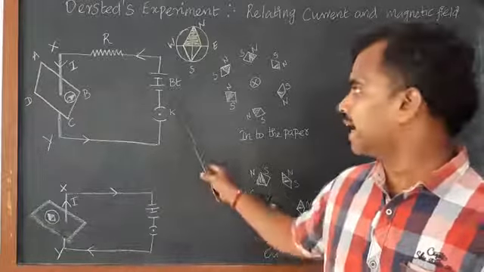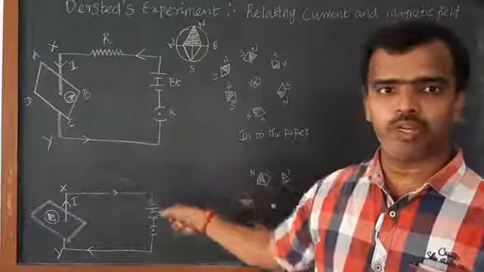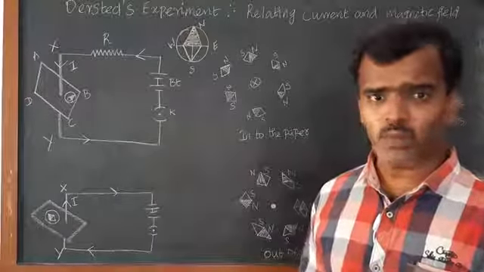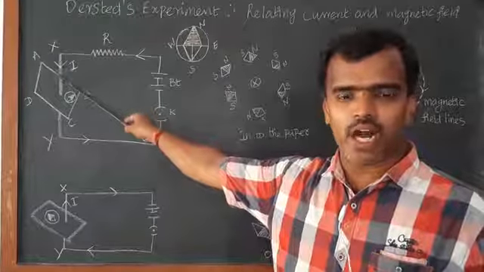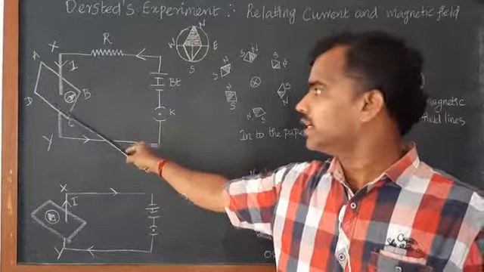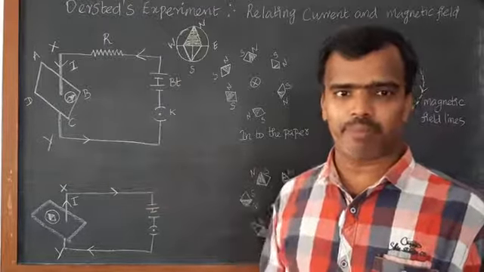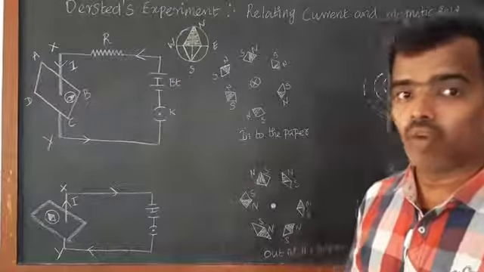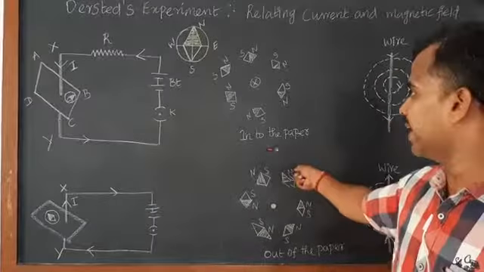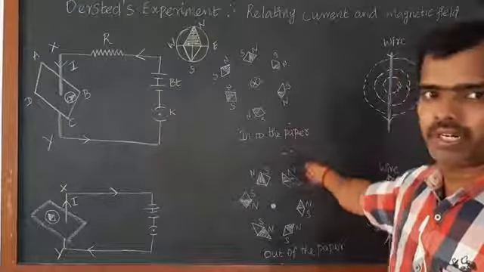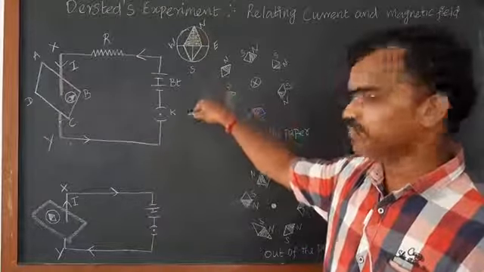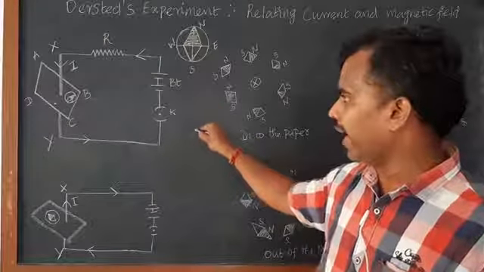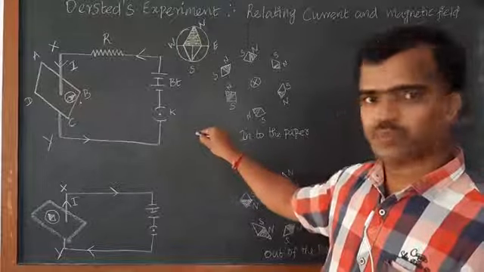Now, think about how the current is flowing in that paper, into the paper or out of the paper. Of course, it is flowing into the paper, so I note down here, into the paper. The current is passing into the paper, and nearby I have placed one compass needle.